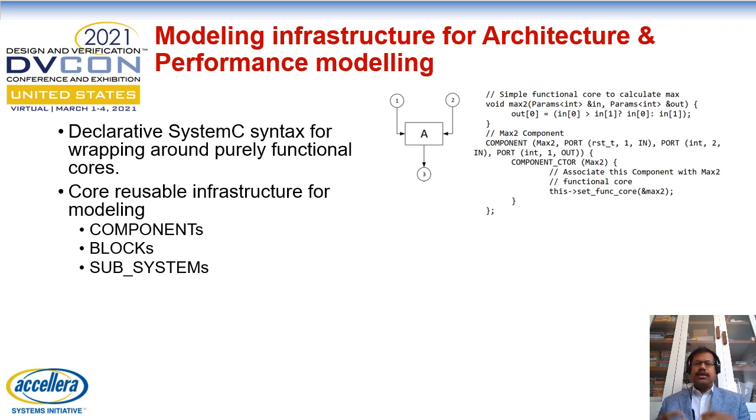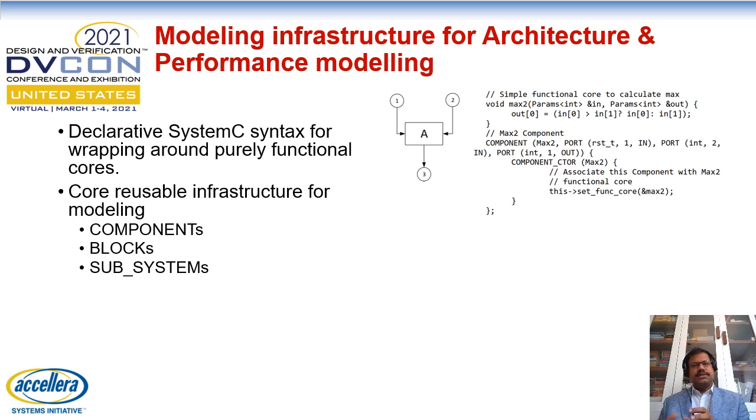In order to support a variety of different modeling scenarios, the infrastructure is divided into three types of components. One is the component that we have seen, which is the final atomic unit which carries out the actual computation. Then you have the blocks. The blocks themselves don't have any code, but they are in turn composed of other components and other blocks to provide the desired functionality.